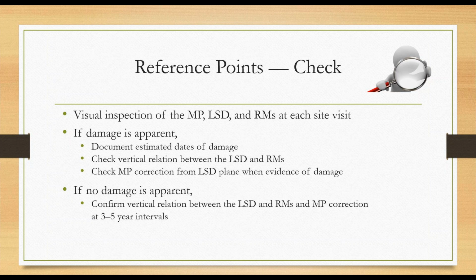If damage is apparent, the technician is required to document the estimated date of damage, check the vertical relationship between the land surface datum and the reference mark, and check the measuring point correction from the land surface datum plane, to verify that the reference points have not changed.